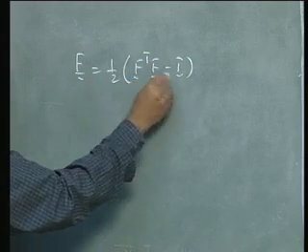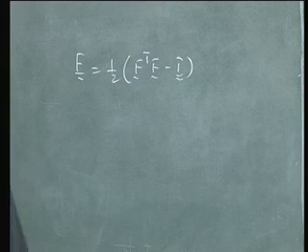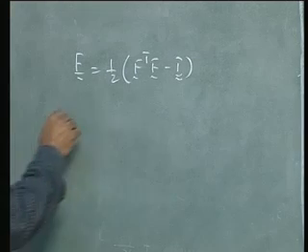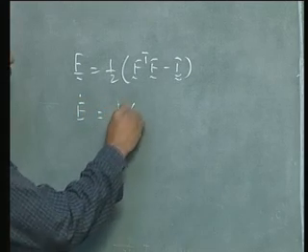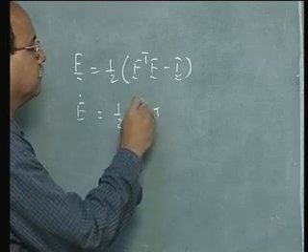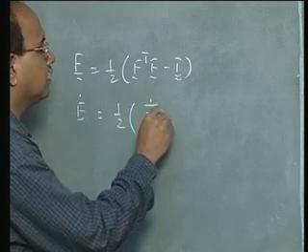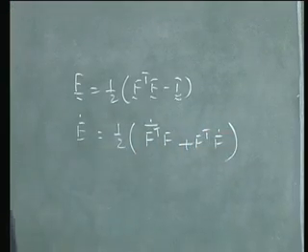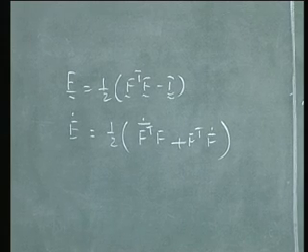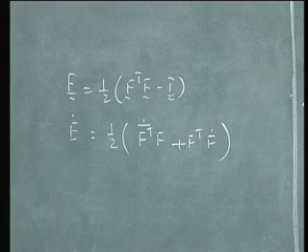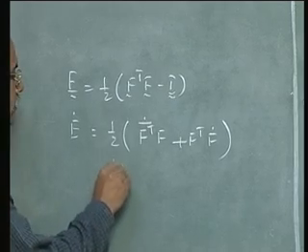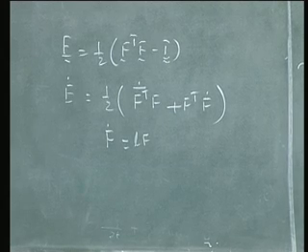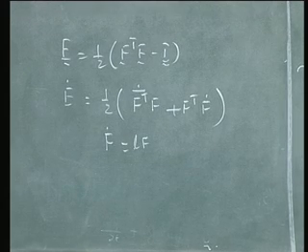I'm leaving out these squiggles. I'm sure by now you know which are squiggled and which are not. Calculate E dot. Now substitute in terms of the relationship F dot is equal to LF. Substitute that and check what you get. Very simple.